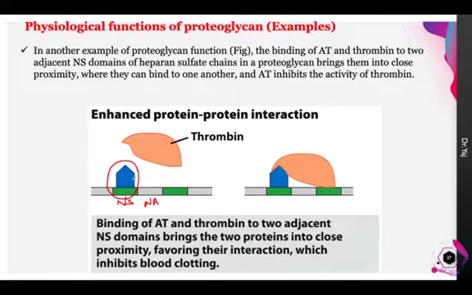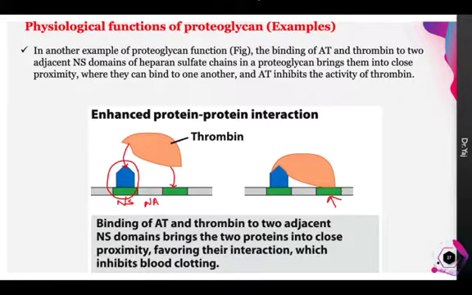Once it undergoes a conformational change, then it is able to bind to thrombin, and this binding brings thrombin close to heparan sulfate. So thrombin has a second domain which is able to interact with another NS domain of heparan sulfate.